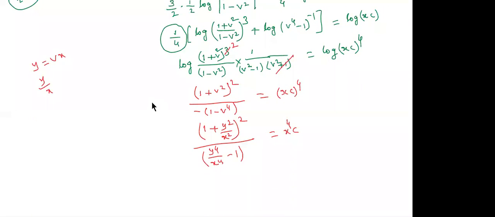Numerator and denominator take LCM, x power 4 is going to cancel. Now numerator we get x square plus y square whole square, that is equal to, and x power 4 is going to cancel, remaining x power 4 into y power 4 minus x power 4 into c.